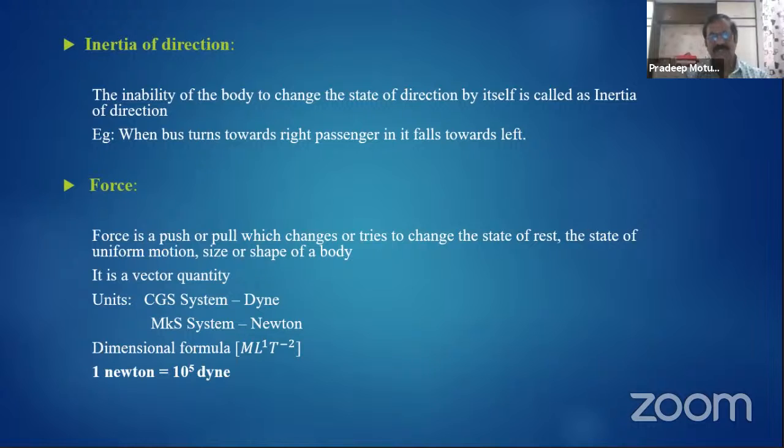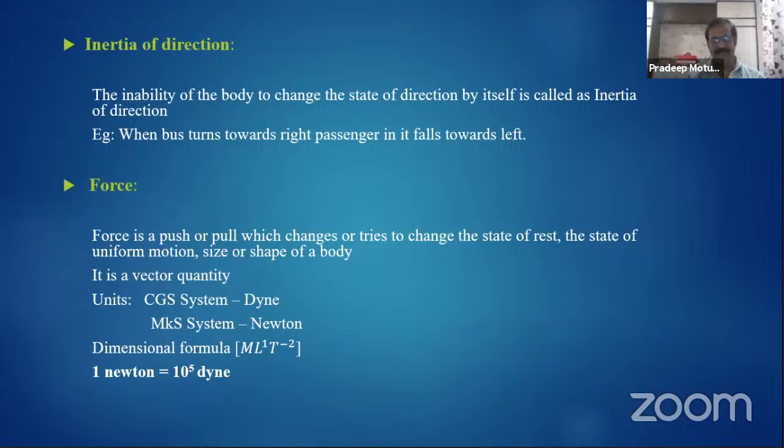It is also described as a push or pull which changes or tries to change the state of rest, the state of motion, or the size or shape of the body. This is about the force.